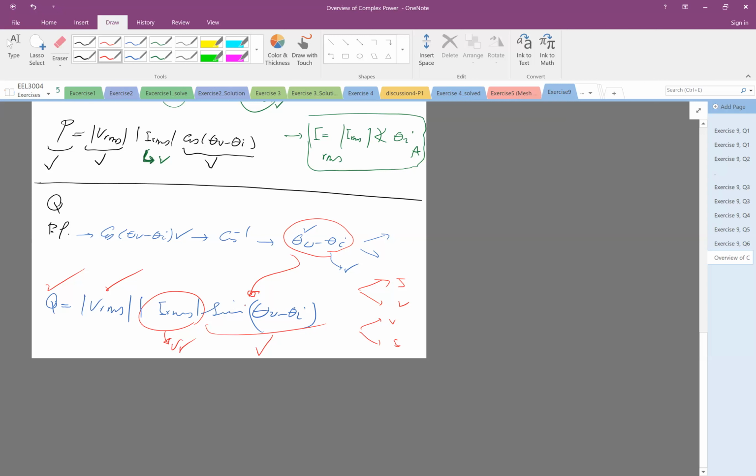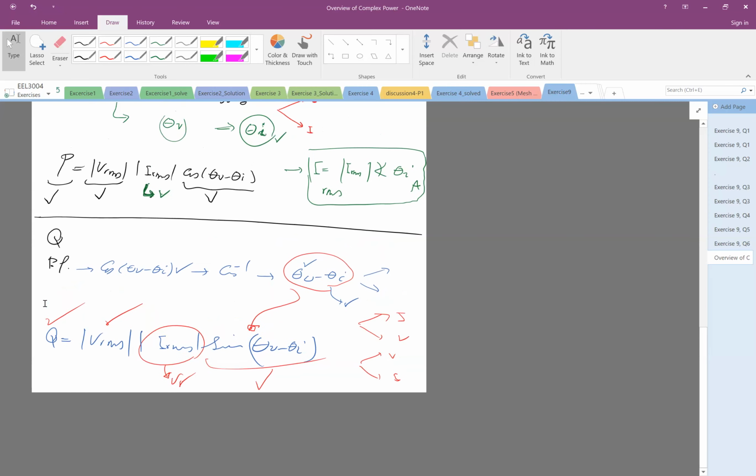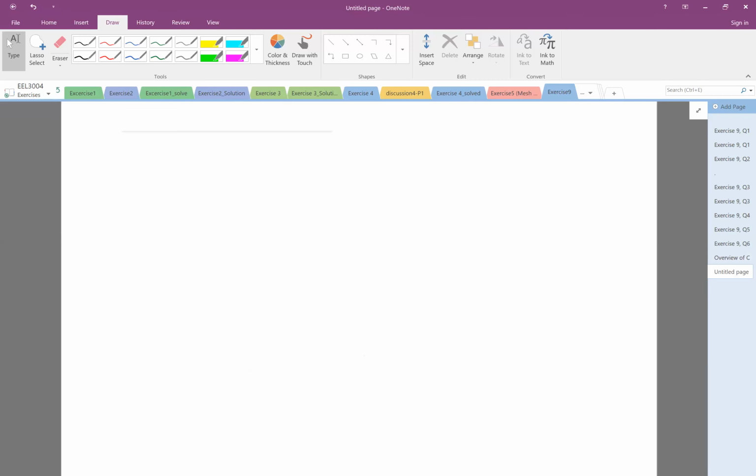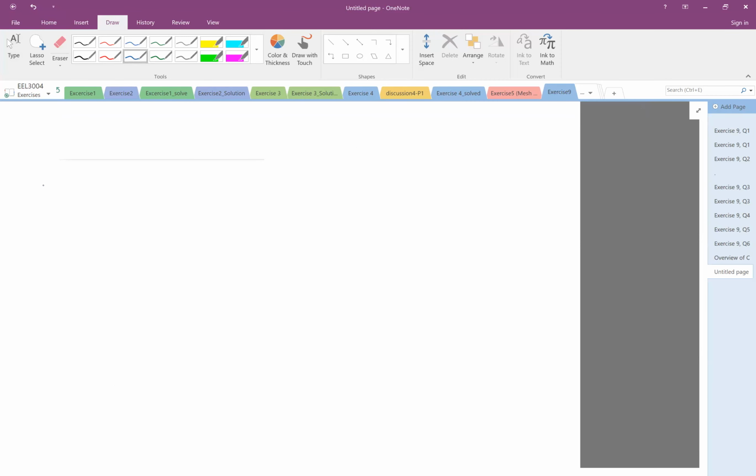Now, similarly, let's say somebody gives you S. So if somebody gives you S and power factor, you can think of that too, right? So let's say magnitude of S and power factor.